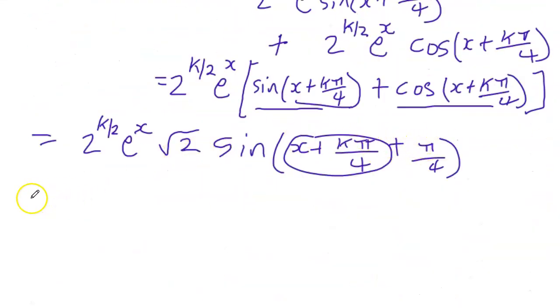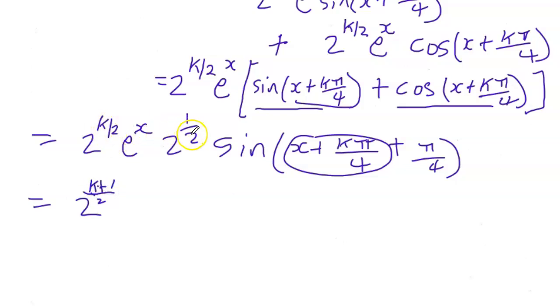So what we end up with now is root 2 times 2 to the power k over 2. Now, root 2 is the same thing as 2 to the power half. So if you add k over 2 plus 1 over 2, same denominator of 2, it's actually k plus 1 over 2.